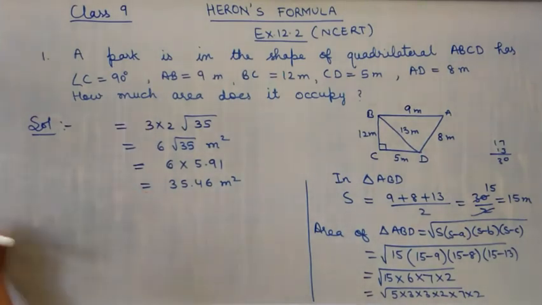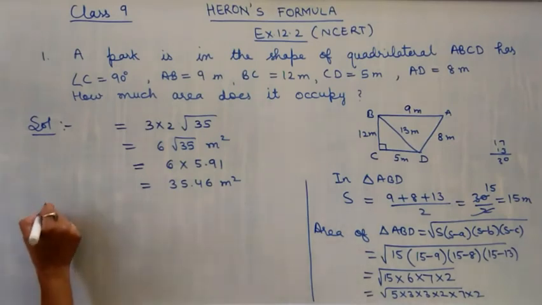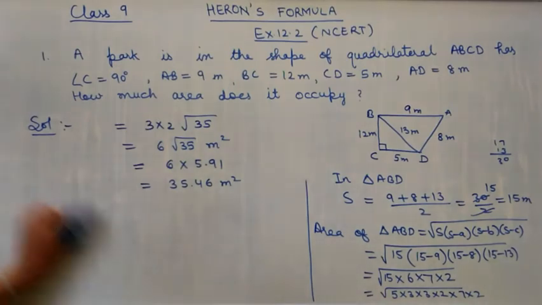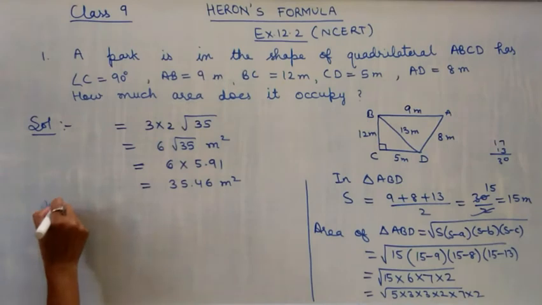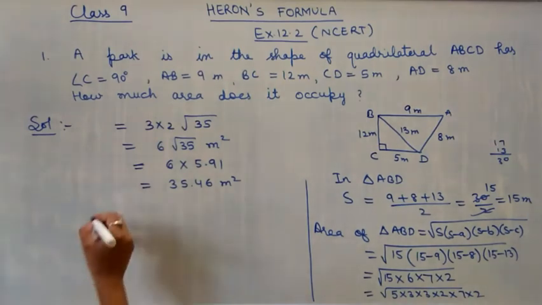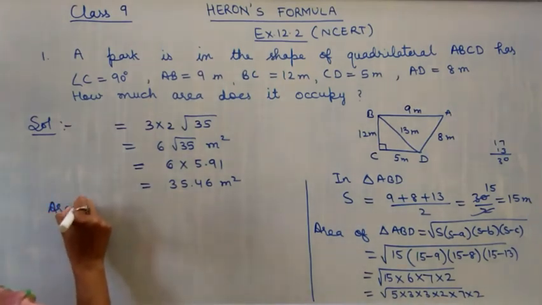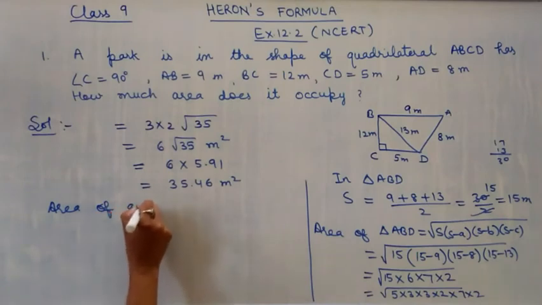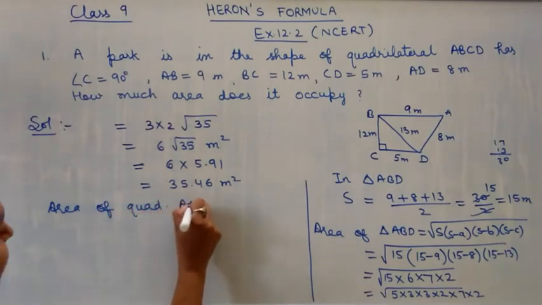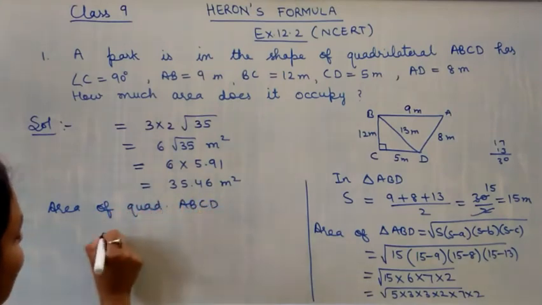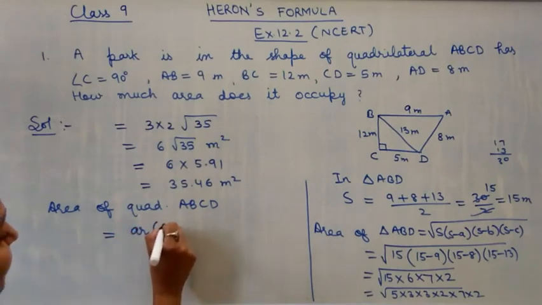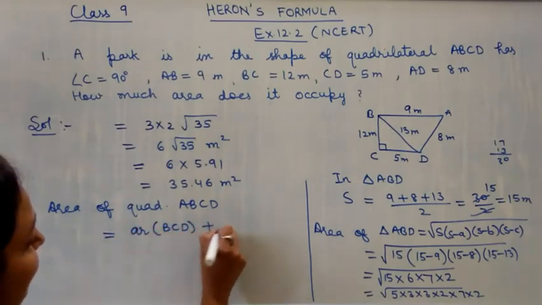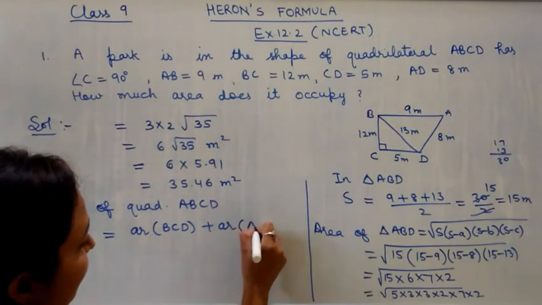Now the area of quadrilateral ABCD is equal to the area of BCD plus the area of ABD.